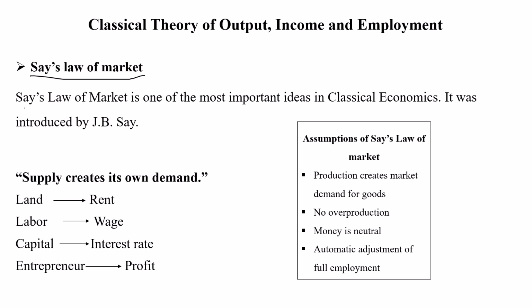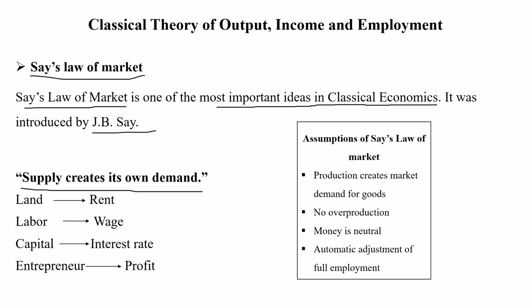Say's law of market is one of the most important ideas in classical economics. It was introduced by J.B. Say, and J.B. Say says that supply creates its own demand. How? We have to think logically.